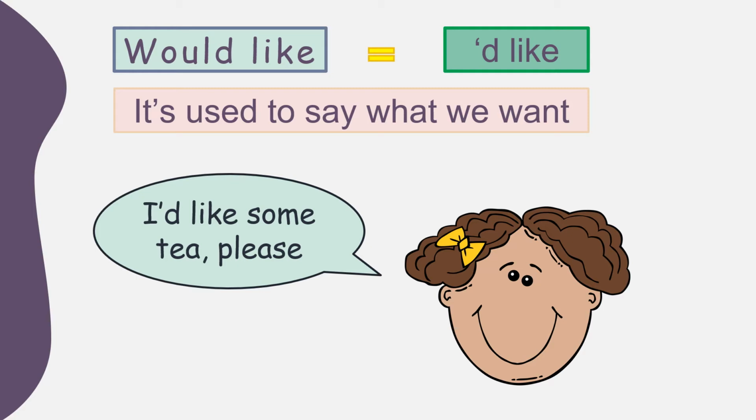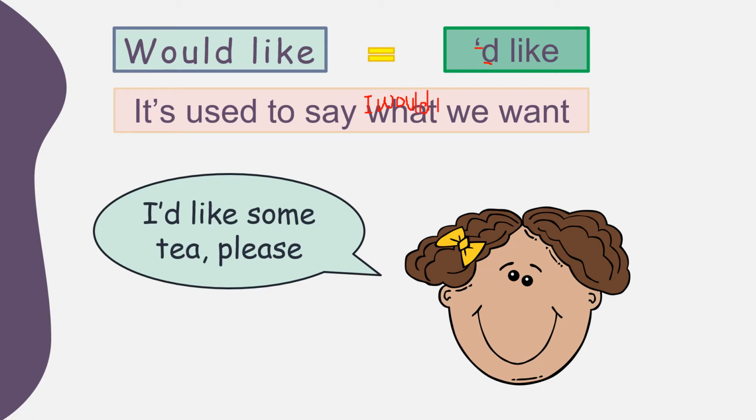The short form is 'd like. You erase the 'woul', and then you change it with an apostrophe and d.